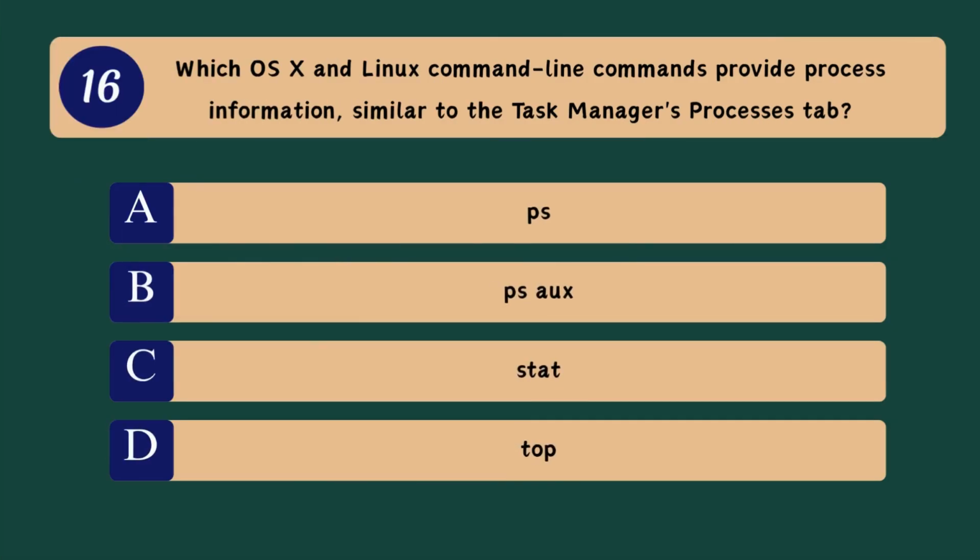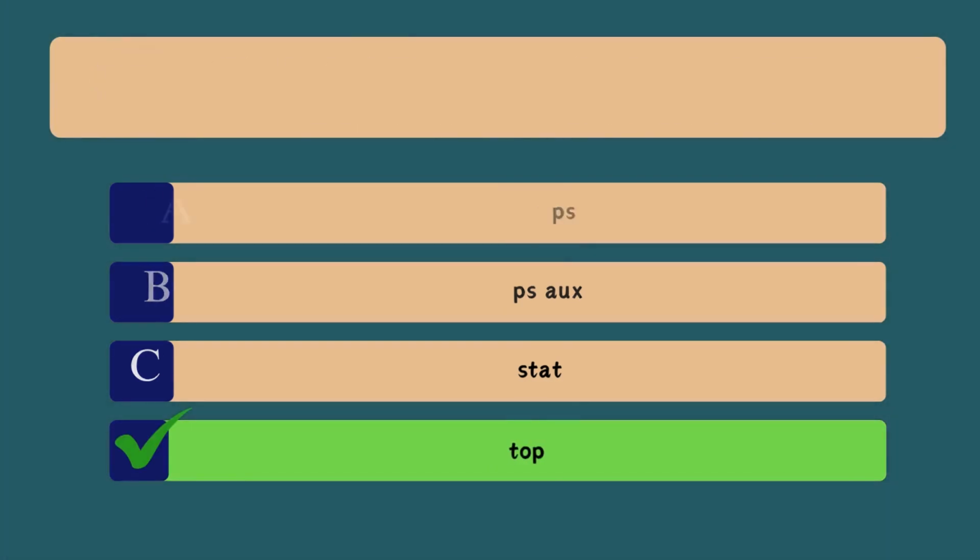Question 16. Which OS X and Linux command line commands provide process information, similar to the Task Manager's Processes tab? A. PS. B. PSAUX. C. Stat. D. Top. Correct answer: D. Top.